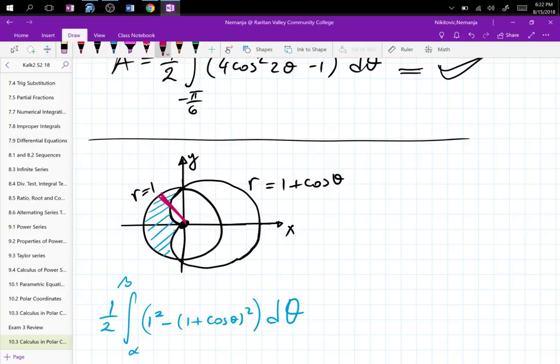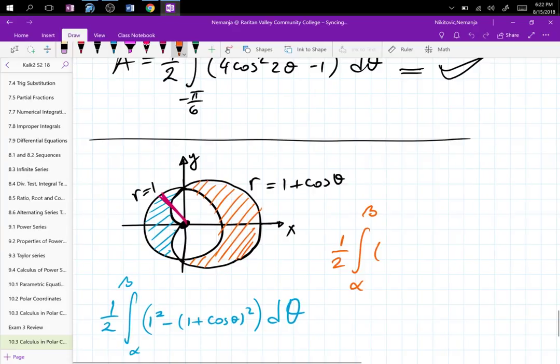On the other side, in orange, now this is not presented in the book, but that's the reason why you pay me $1 million to do this, is to write the 1/2 integral alpha to beta for the other side. Now, other side is cardioid minus circle.